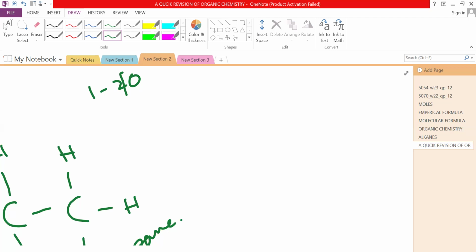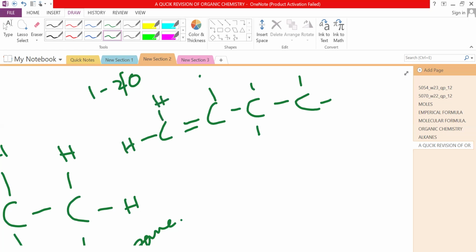Let's look at examples of alkene. I'm drawing on the screen. Now you can see a double bond here on the first carbon.